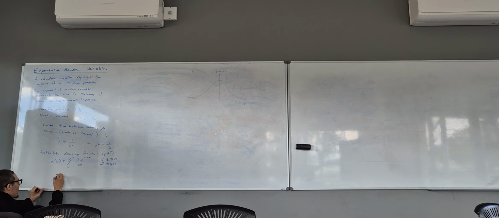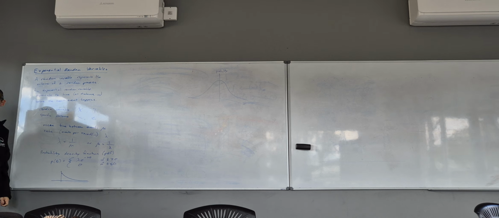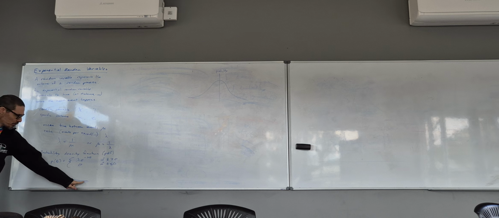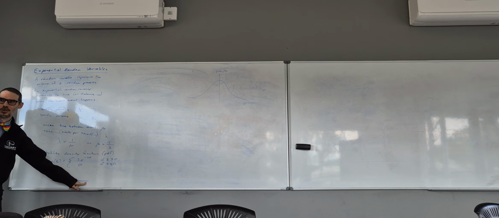So the PDF for an exponential random variable just looks like this. 0, and then goes getting closer and closer to 0. So the probability of being negative is 0. If it's the time between the last event and the next one, it can never be negative. It's most likely to be pretty quickly after, but there's a small number of times where it happens a long time after.